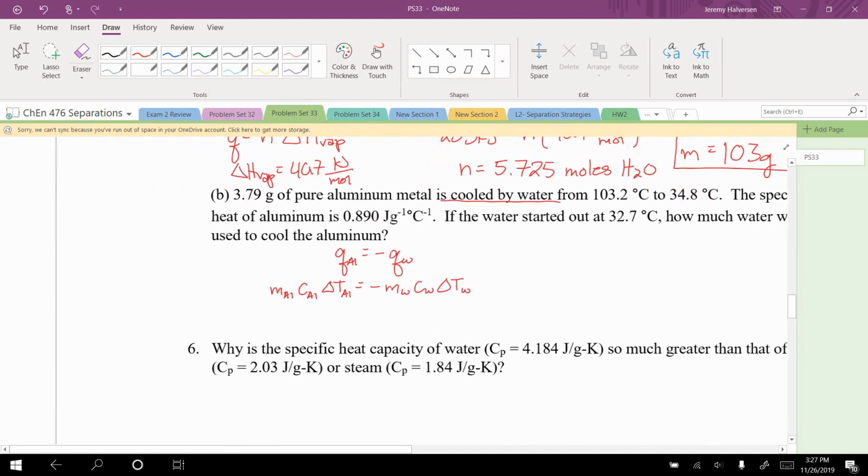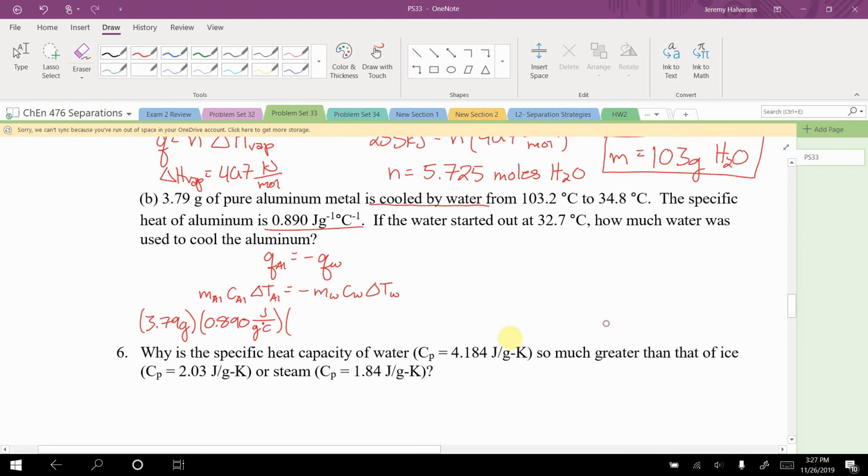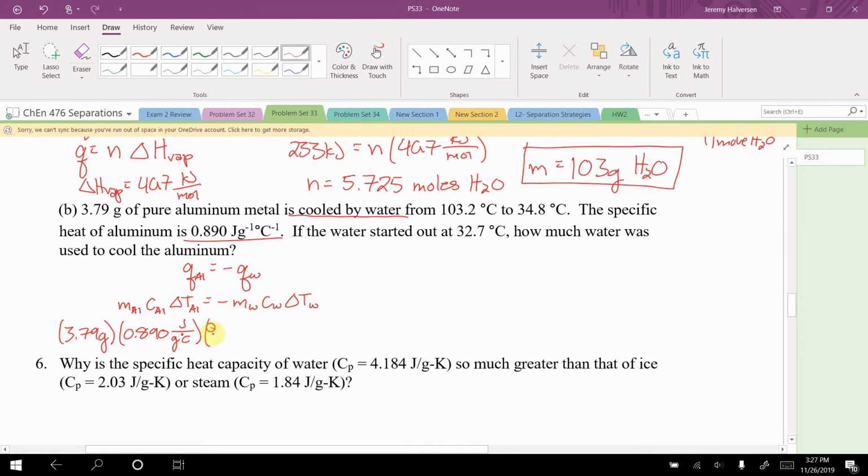All right, let's plug some numbers in. Mass of my aluminum is 3.79 grams. Specific heat of my aluminum, they give it to me right here, 0.8890 joules per gram degree Celsius. Change in temperature of my aluminum, final is 34.8 minus initial is 103.2, equals negative mass of my water.